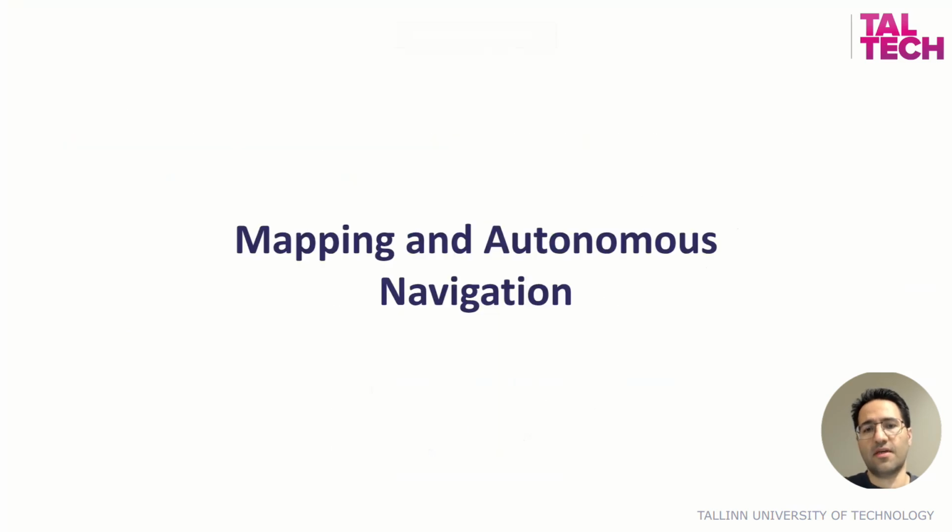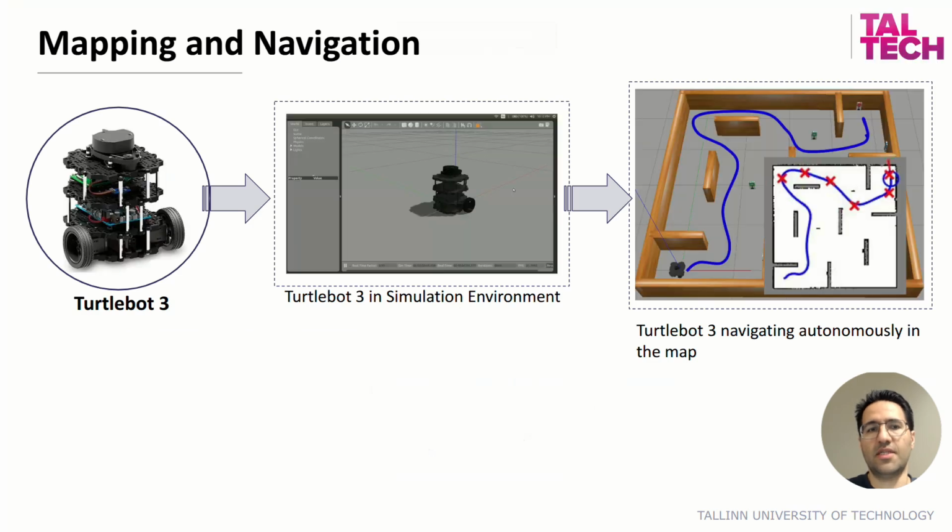So that was all about the requirements that we will go through in this course, and let's talk about mapping and autonomous navigation. As you remember, that was our first and second main chapter of this course. First we will go through the mapping and then navigation. For this purpose we chose the Turtlebot, specifically inside the simulation. Turtlebot is a mobile platform.